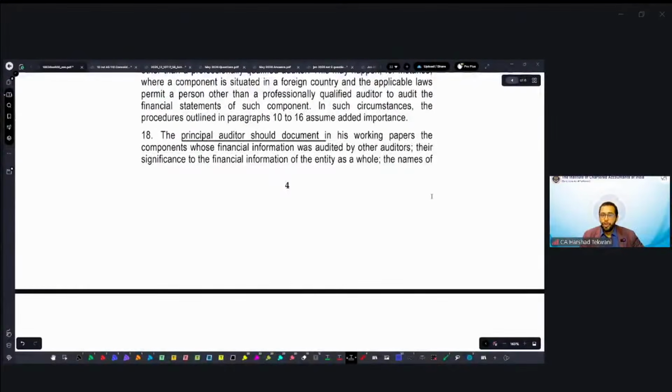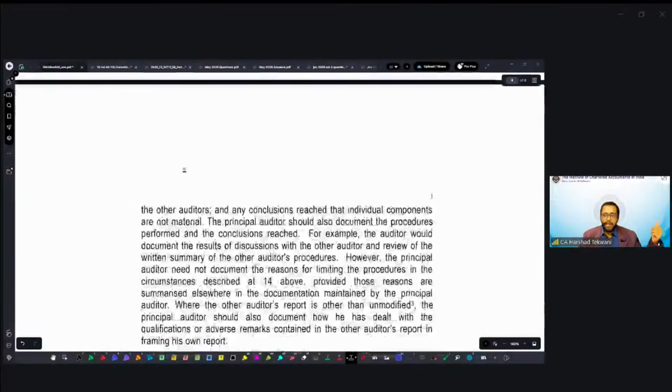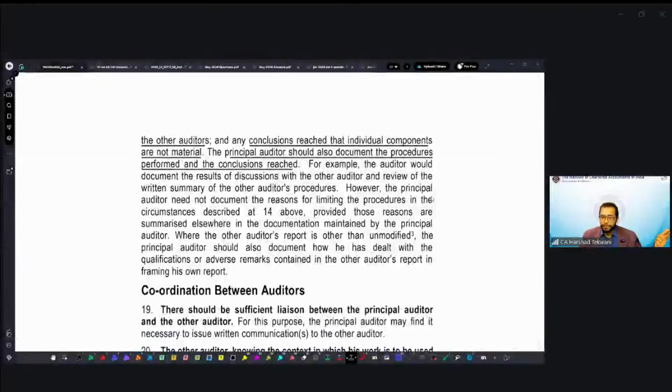The principal auditor should document in his working papers the components whose financial information was audited by other auditors, their significance to the financial information of the entity or group as a whole, the names of the other auditors, conclusions reached on individual components that are not material, and procedures performed by the principal auditor for the conclusions reached.